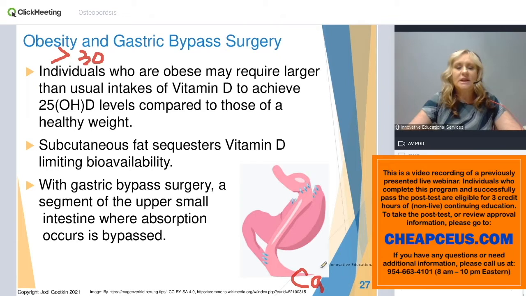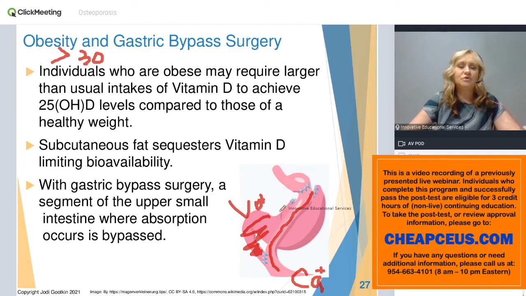So that tends not to be an issue for individuals who have gastric bypass surgery. The challenge is vitamin D absorption, because when the bypass is performed, the individuals lose this proximal area of that small intestine where vitamin D tends to be absorbed, and it is going to lead to a deficiency.